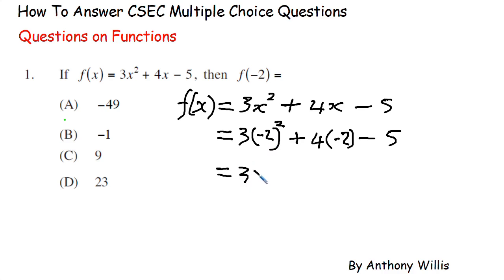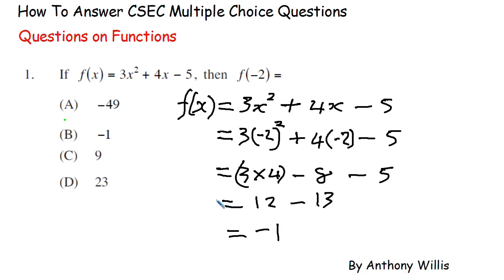So it's 3 times 4, plus 4 times minus 2, which would be minus 8, minus 5. 3 fours are 12, minus 8 minus 5 is minus 13, so 12 minus 13 is minus 1. So the correct answer would be minus 1.